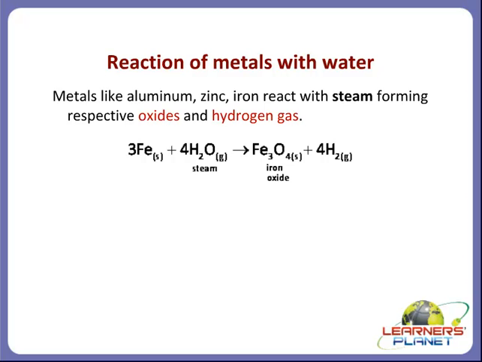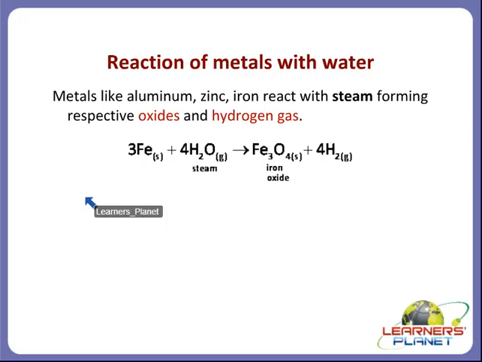But metals like aluminium, zinc, iron form their respective oxides. One of the reactions I have written here for you is iron reacting with steam. It does not react with water, and forms what?